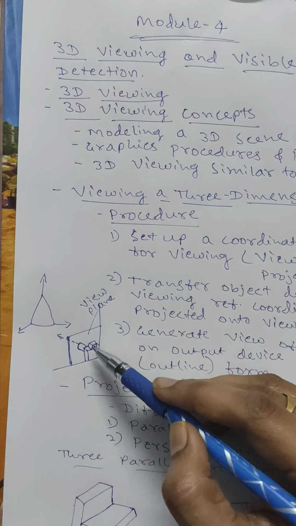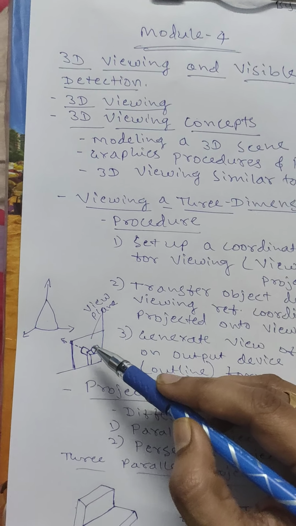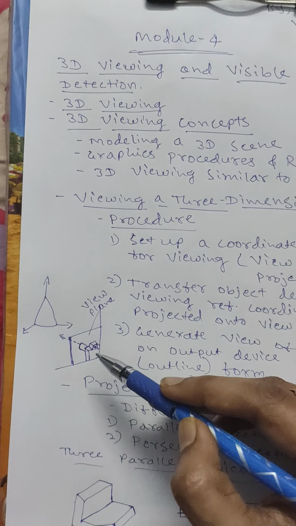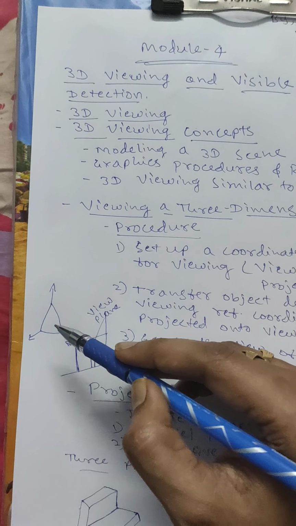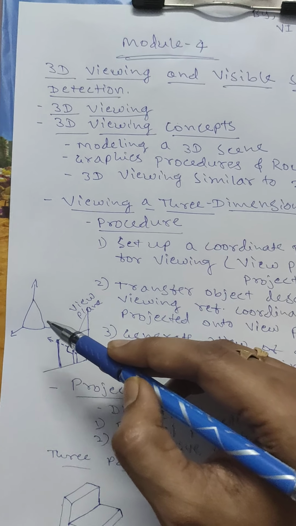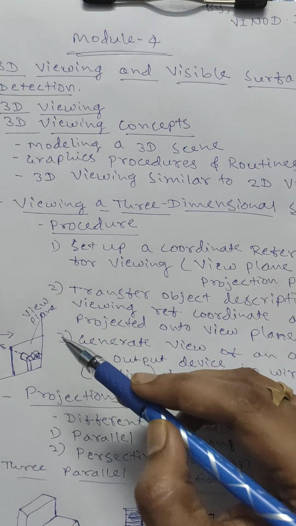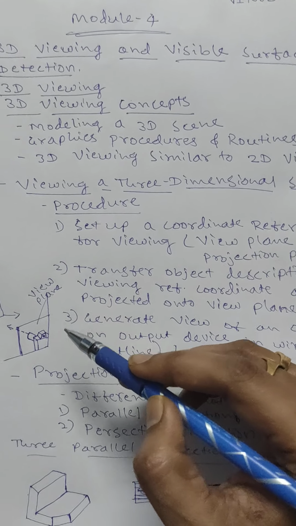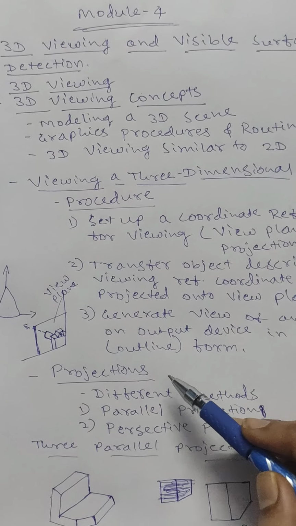This is our camera, and you can consider this as a view plane, which in turn projects that particular scene or set of objects in three-dimensional space. So is it clear? This is just an illustration of the coordinate reference for obtaining a selected view of a three-dimensional scene, right? The next important concept is projections.